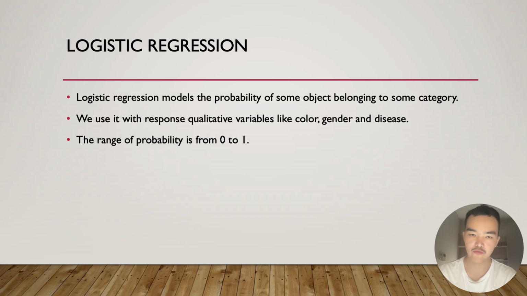The logistic regression will model the probability, for example, that a fruit is an apple is 70%, and the probability that the fruit is an orange is 30%. The range of probability will always be from 0 to 1, and in percentage from 0% to 100%.